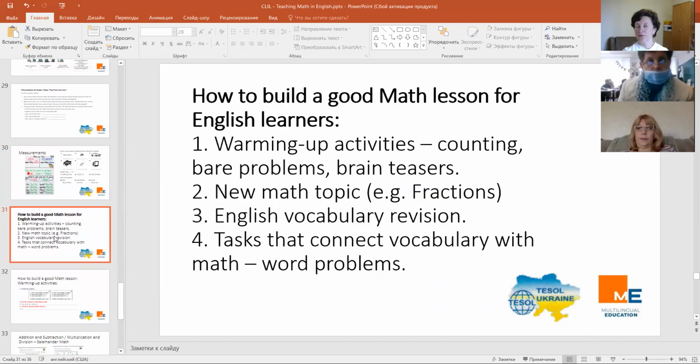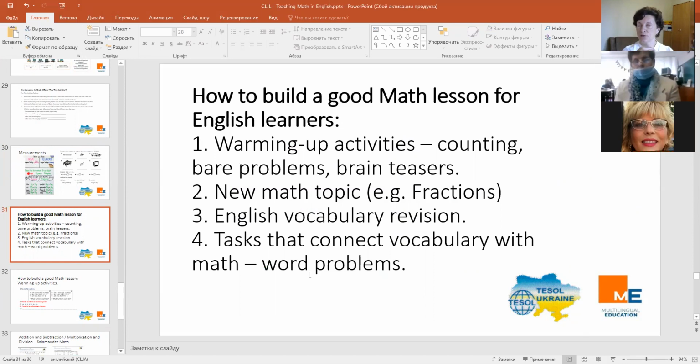So that was the third and the fourth grades, and I want to conclude with tips on how to build a good math lesson for English learning. First of all, do all warming up activities you can do.